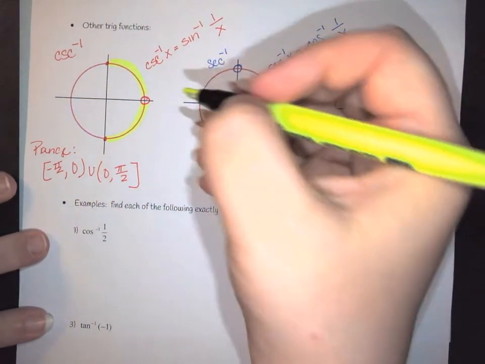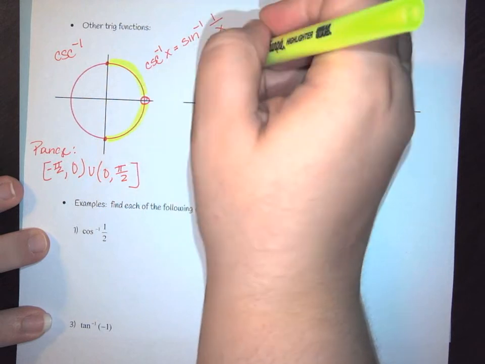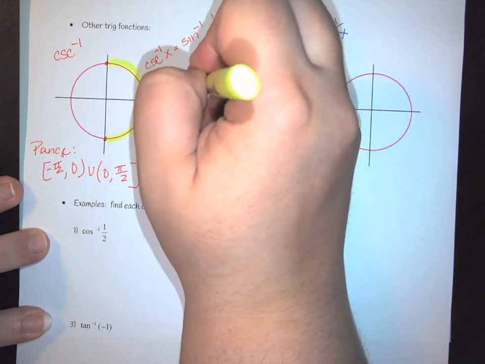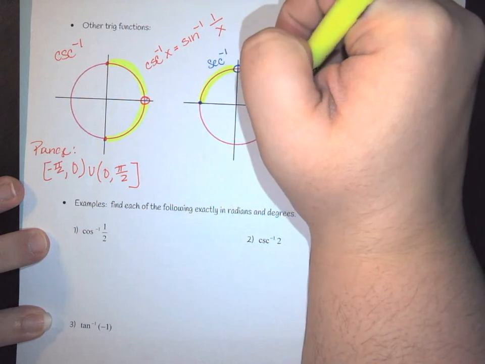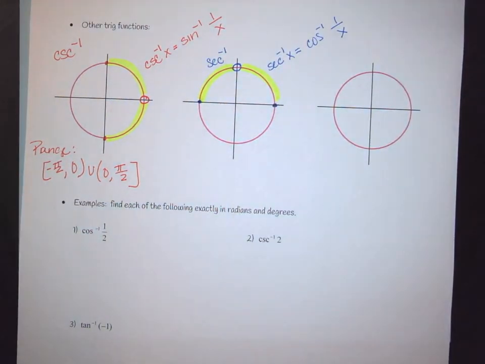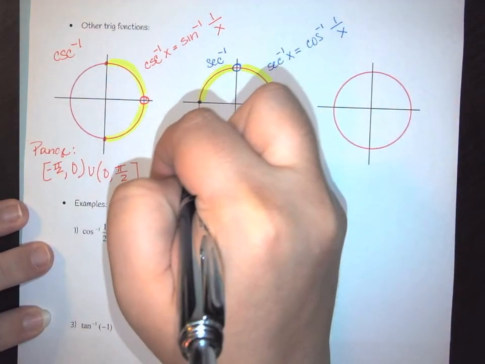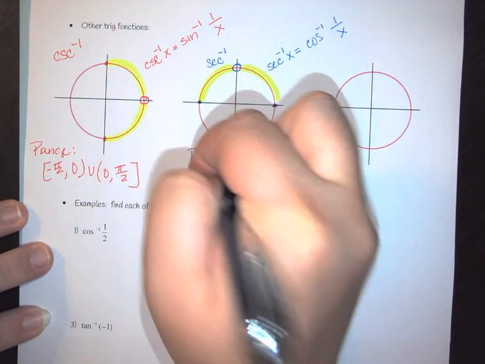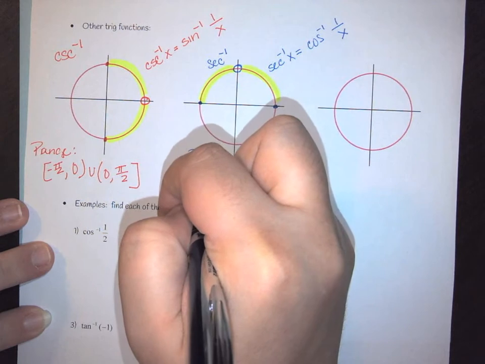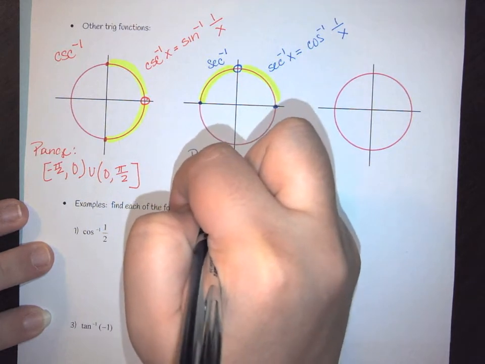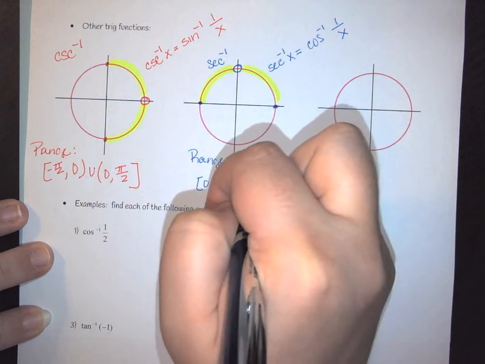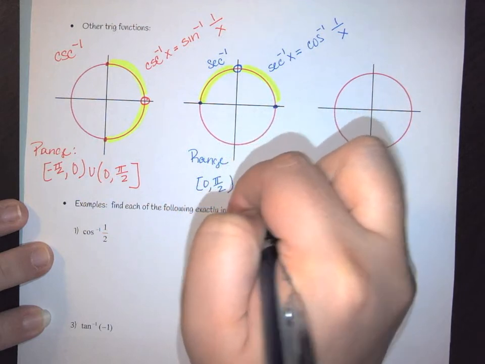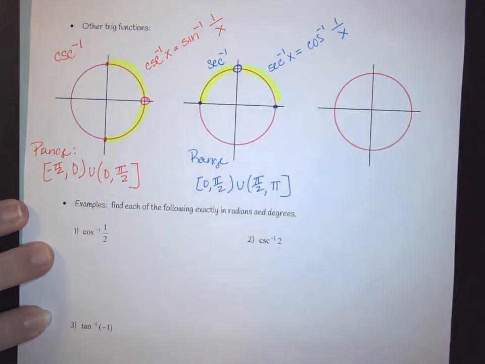So we're going to go from that pi over 2 down to pi, and from that pi over 2 down to 0, but we're not going to go anywhere else. So my range here is going to go from 0 to pi over 2, union pi over 2 up to pi.